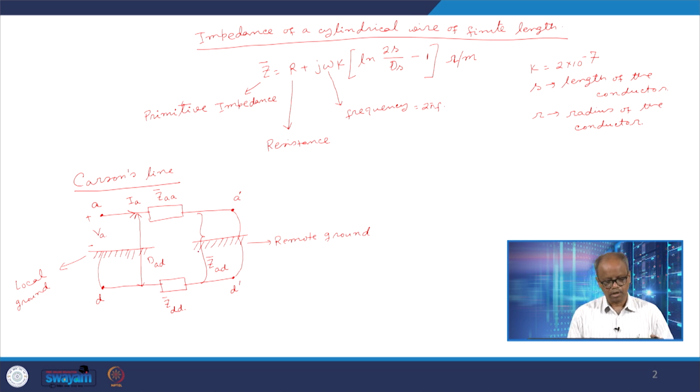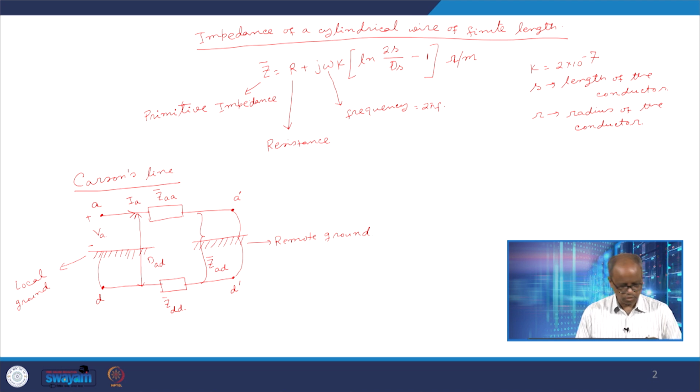And of course, the depth of this conductor DD dash from the original conductor is given by DAD, and this value DAD would be adjusted such that the measured value of the inductance of this line AA dash would be equal to the calculated value of the inductance considering this particular arrangement.